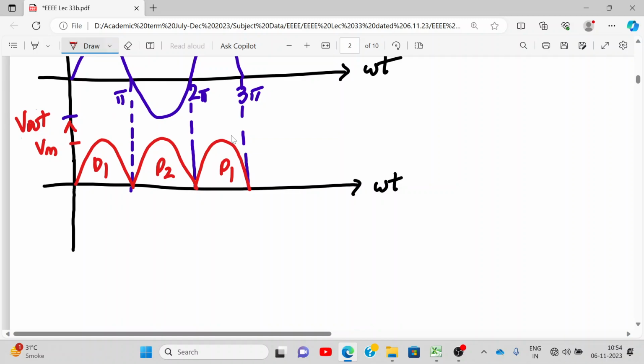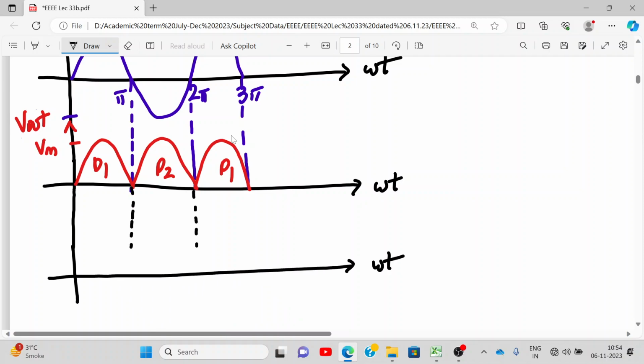Now, next I will draw the current waveform. Will the current waveform be of the same nature as the output voltage? Yes, because it's a resistive load.